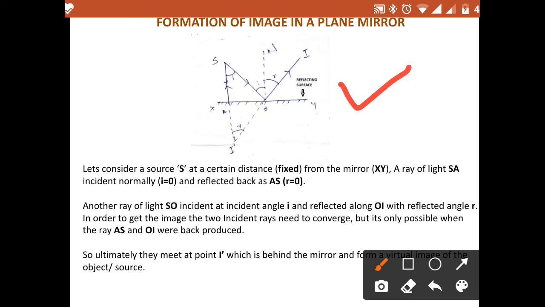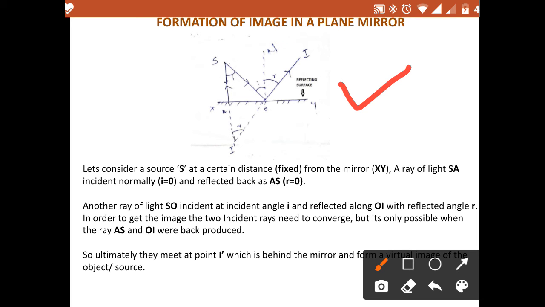The two back produced rays are meeting at point I', or we can say they are converging at point I'. So I' is the image of the source S.